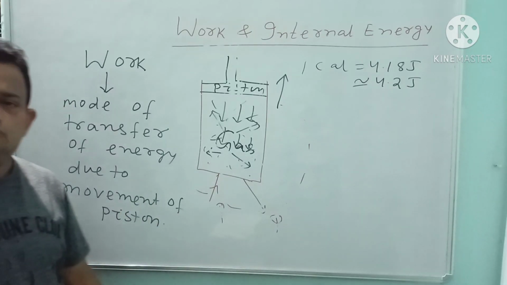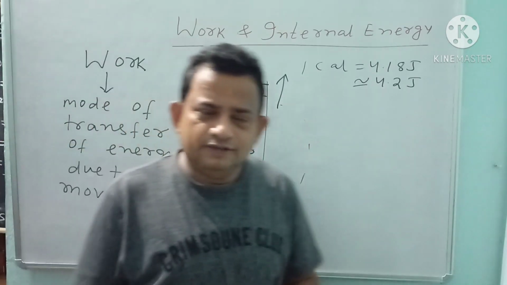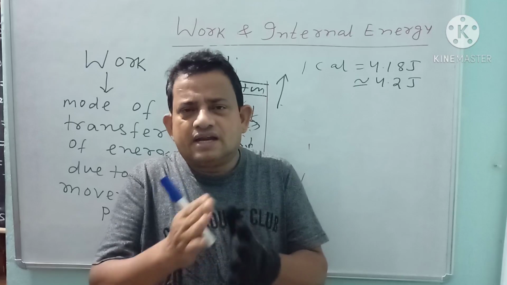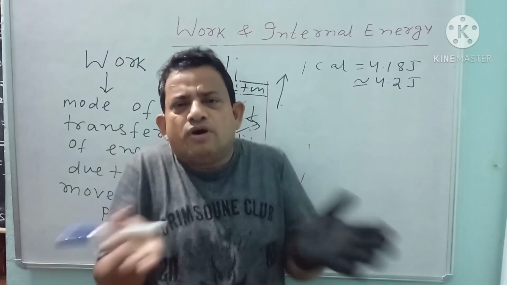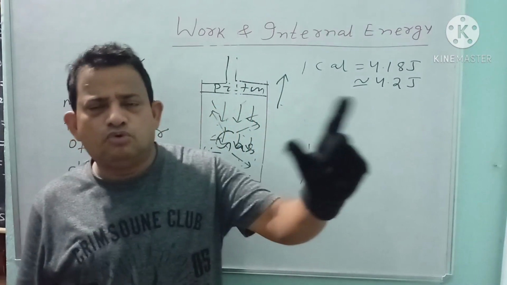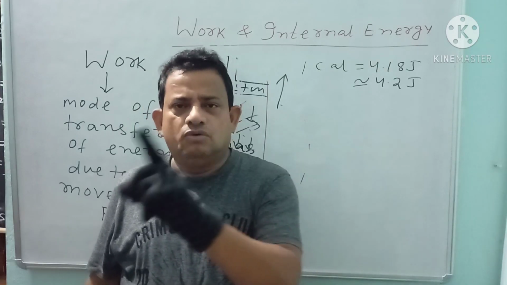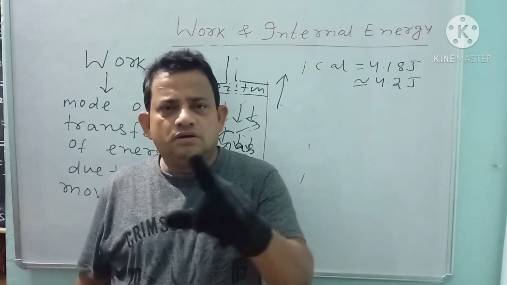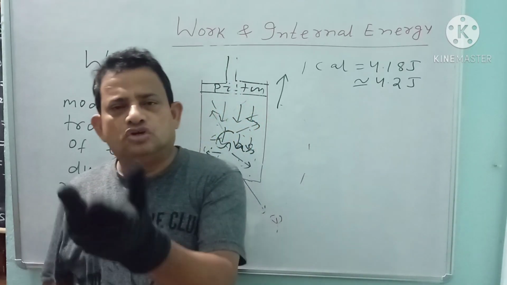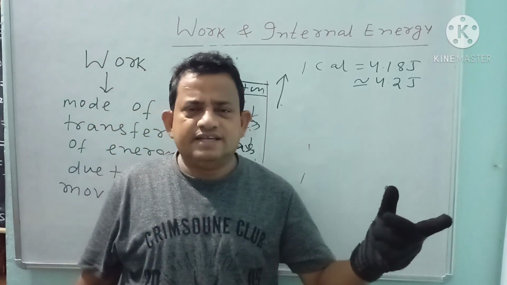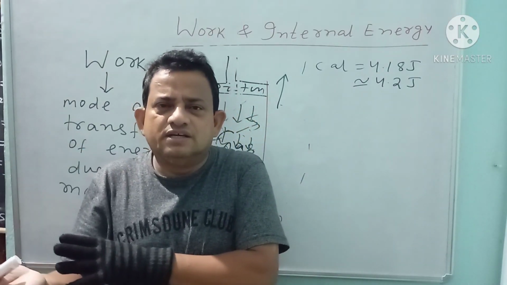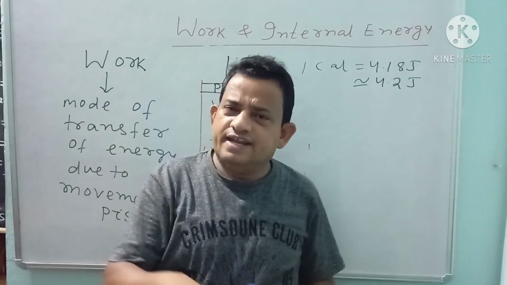So students, you know what is heat and what is work, but work and heat are differentiated in thermodynamics. This is a mode of energy transfer, this is also a mode of energy transfer, but one is due to temperature difference, another is due to motion of the piston. In one case, molecular motion is random. In the case of work, molecular motion is in a particular direction.